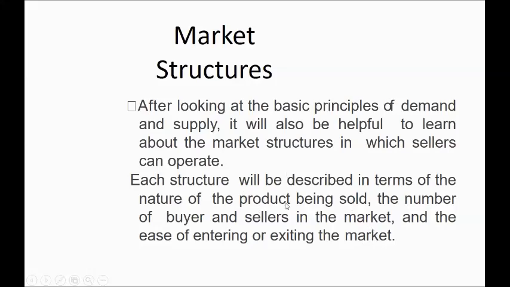Here our focus is the product being sold, the description of the product, the number of buyers and sellers in the market, and the entrance and exit of the business.